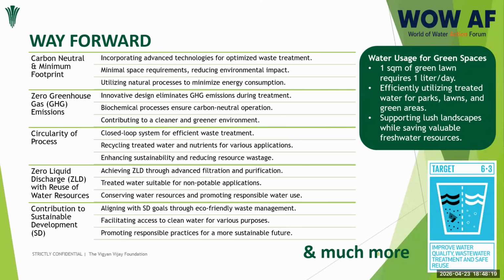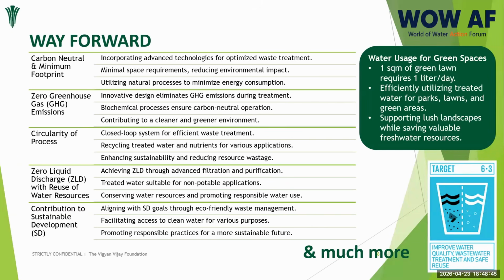Indoor plants, especially in NCR areas and other areas, have come up. They like to bring a lot of indoor plants to purify the air inside their own homes, inside their own complex. All these things require water, and good water. So this can be used.